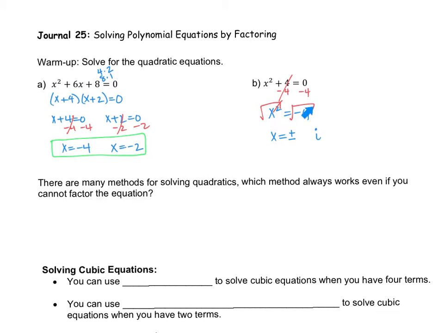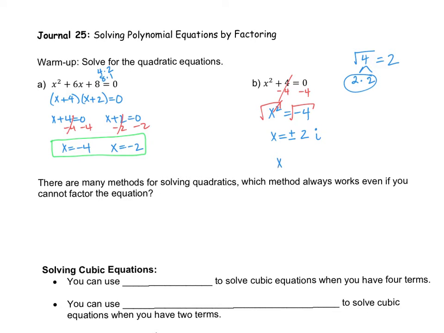But the square root of 4 is 2, because if you break it into a factor tree, 2 times 2 gives us 4, and so that's a pair. So the square root of 4 is always 2. All right, so it looks like the square root of -4 is plus or minus 2i.